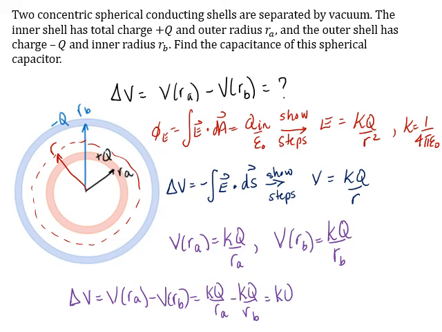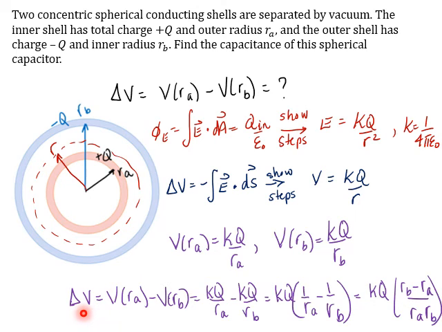Take my KQ outside: 1 over RA, subtract 1 over RB. We can leave it like this, or we can find a common denominator to write KQ outside of RB subtract RA, divided by RA times RB. Okay, here's an expression for our potential.